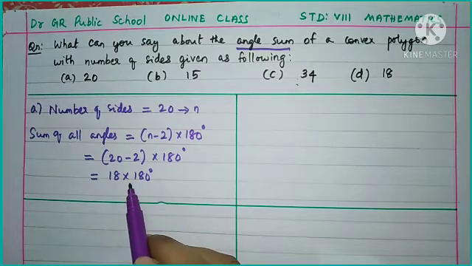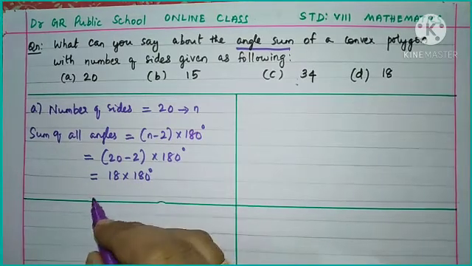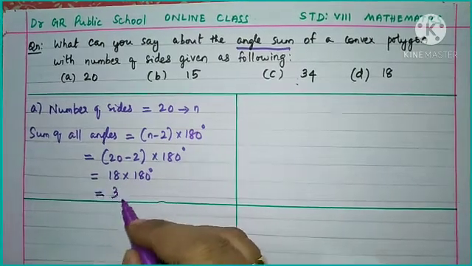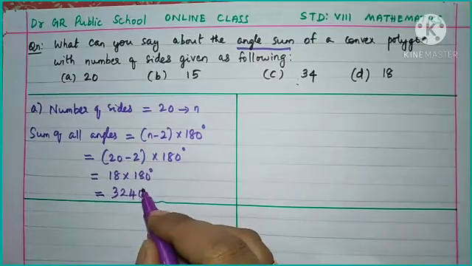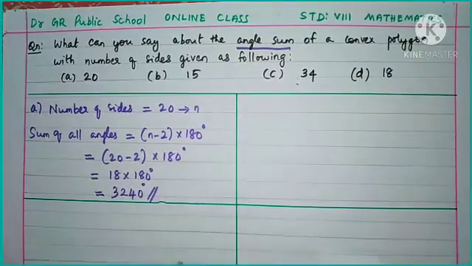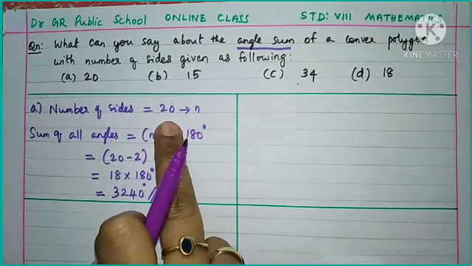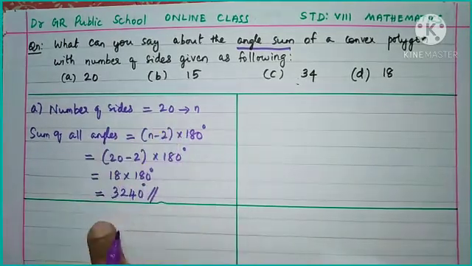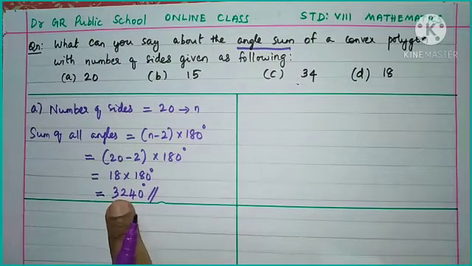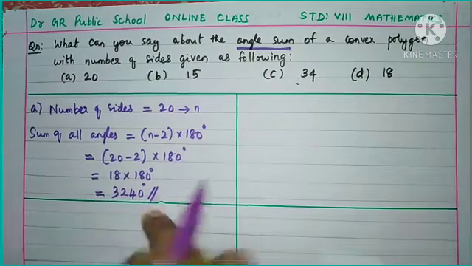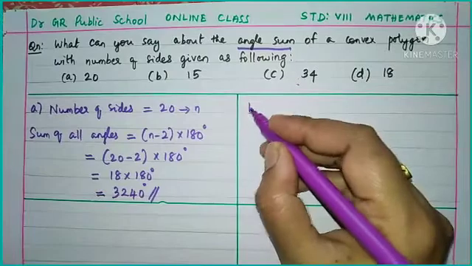So 18 into 180 degrees, you will get 3240 degrees. Okay, so for a polygon that has 20 sides, the sum of all angles is equal to 3240 degrees.